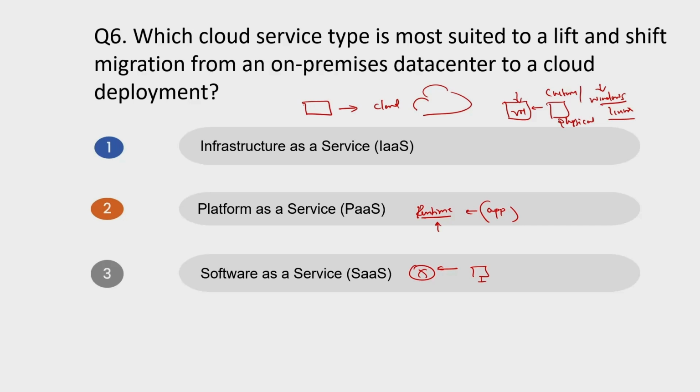Tweaking the registry or the configuration of the operating system, platform as a service doesn't provide, and software as a service also doesn't provide. We need to choose infrastructure as a service. Which means you need to run the virtual machine, then you will be able to deploy your custom application on the virtual machine. So infrastructure as a service will be the correct answer.